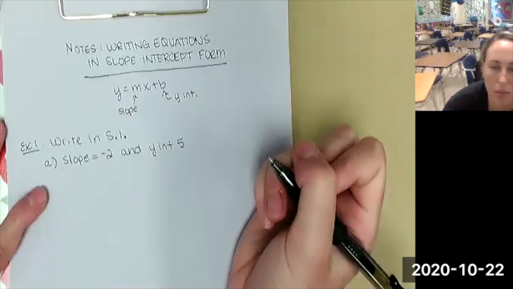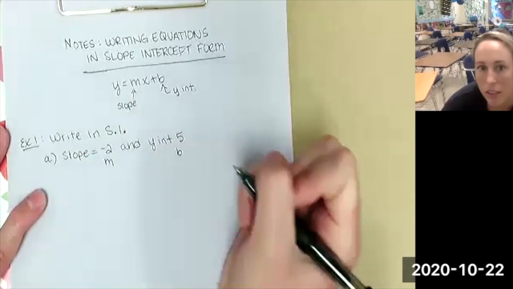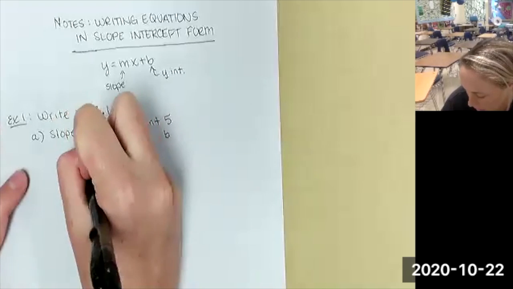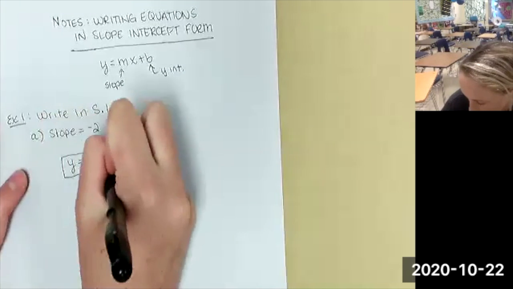Okay, so we're just going to plug those in for m and b, and that's going to give us y equals -2x plus 5, and it's really just that simple.